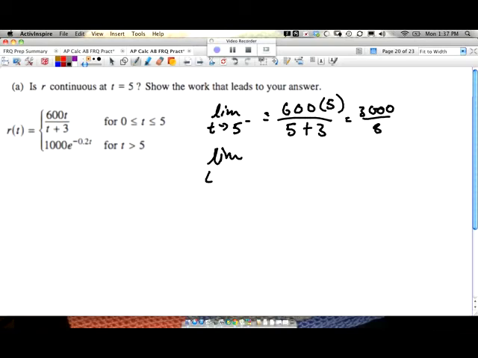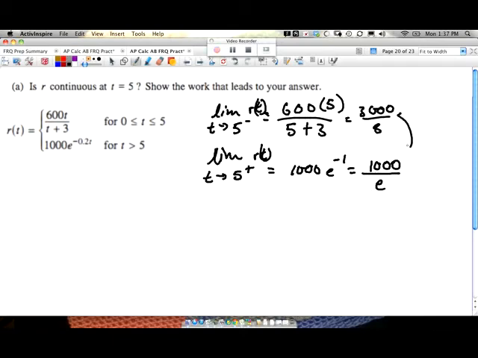And then the limit as t approaches 5 from the right is going to be this bottom one, r of t, which equals 1,000 times e to the negative 0.2 times 5, which is 1,000 over e.